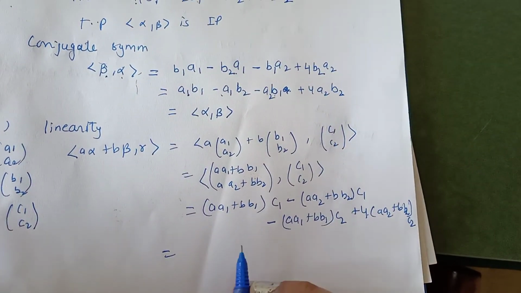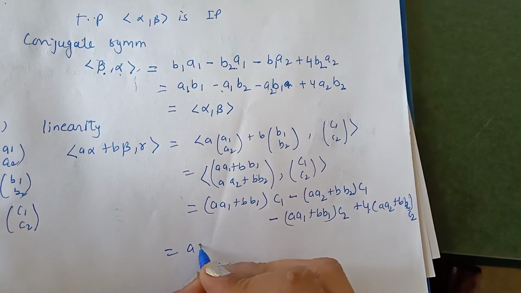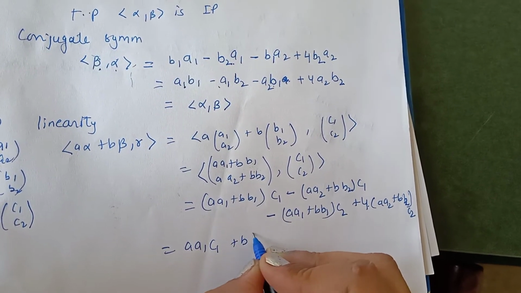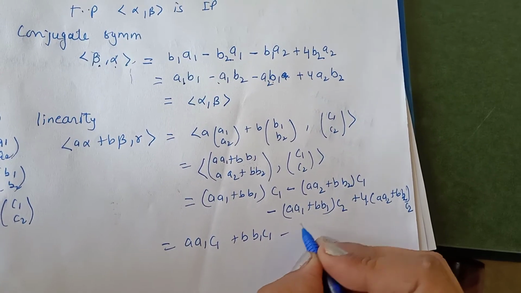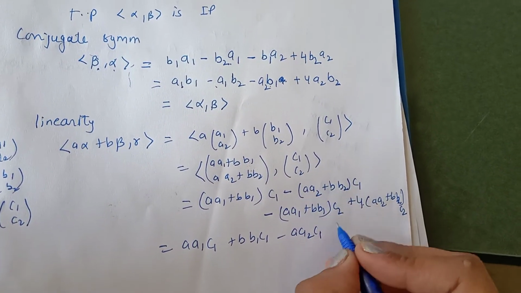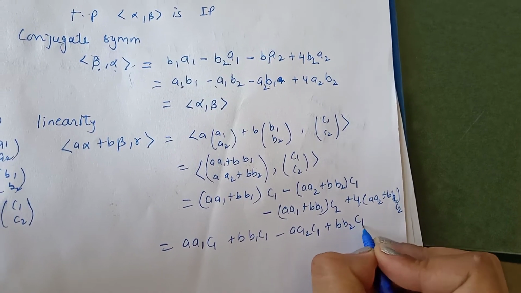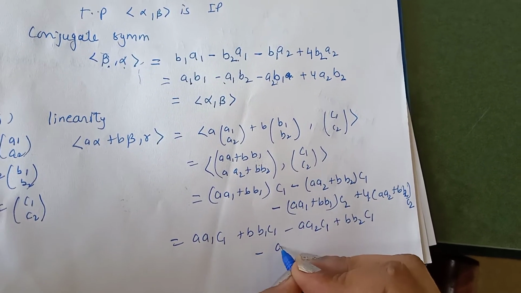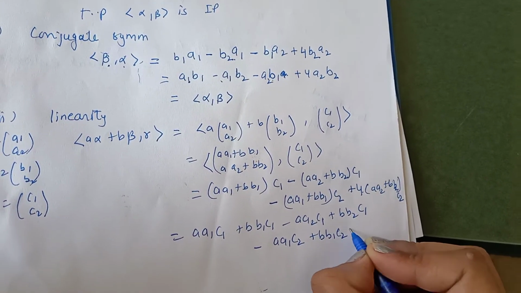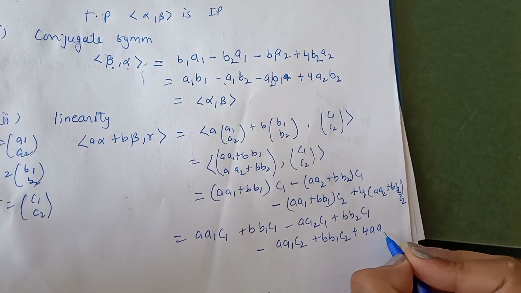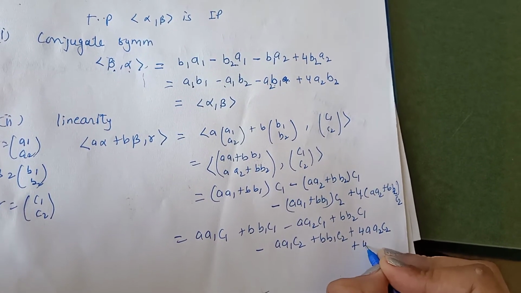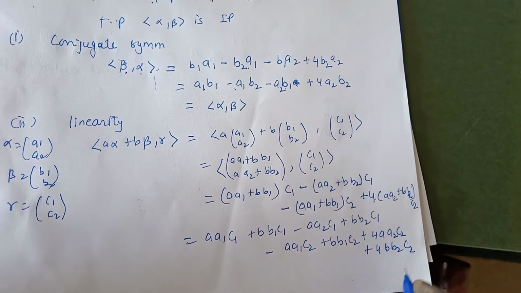So combine them, and we will obtain a1 c1 plus b1 c1, and a2 c1 plus b2 c1, minus a1 c2 plus b1 c2, plus 4 a2 c2, plus 4 b2 c2.